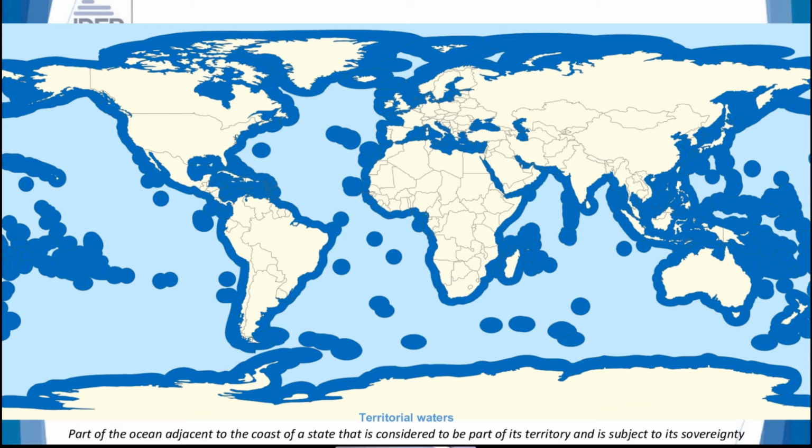So these slides represent the different aspects of the territorial waters. If your country is a coastal country, you can look at the dark blue area and see what the territorial waters is representing for your country.